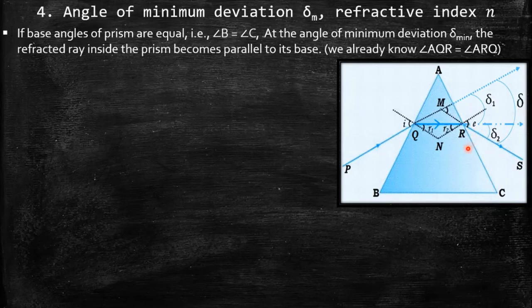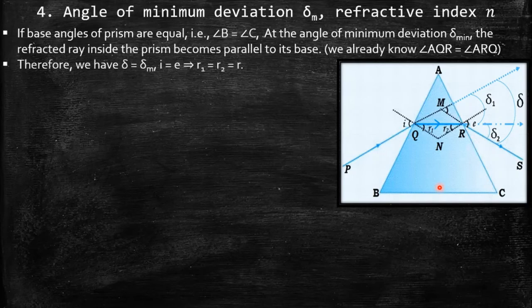Well, this brings us to the fact that if these two triangles, AQR and ABC, are similar, obviously QR has to be completely parallel to the ray BC, correct? This in fact is another inference that I would really want you to note down. Condition being that angle B and angle C have to be equal. Only and only then QR is going to be parallel to the base BC.